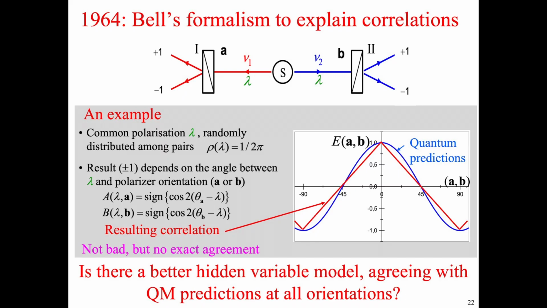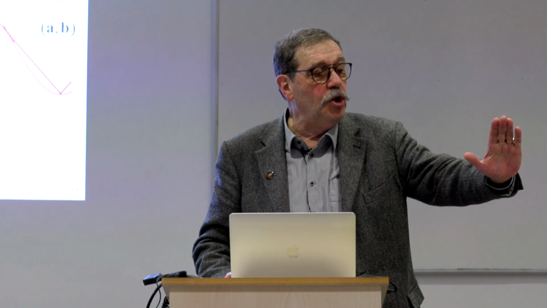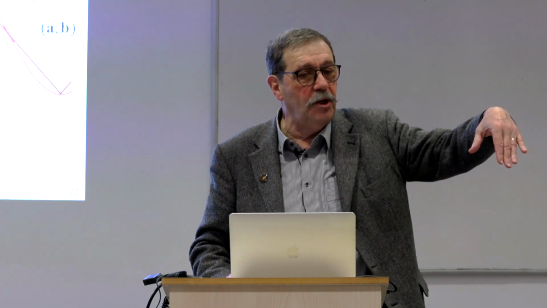And I like to show this very simple example. It's an example that any of us would think of after thinking more than 5 minutes, okay? Some of us are faster and would find it in 2 minutes. You assume that the photon has a certain polarization. Then if the polarizer is like that, you get +1. If it is like that, you get -1.